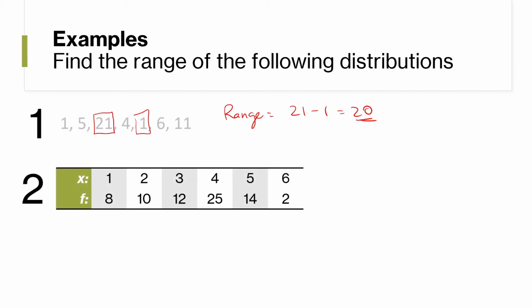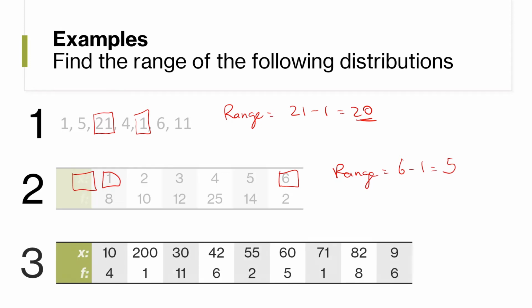In the second question, again, you see that there are somewhere around 50 or 60 observations. But you simply have to look at the values in the observations, and the maximum is 6 and the minimum is 1. Therefore range is equal to 6 minus 1, which is 5.